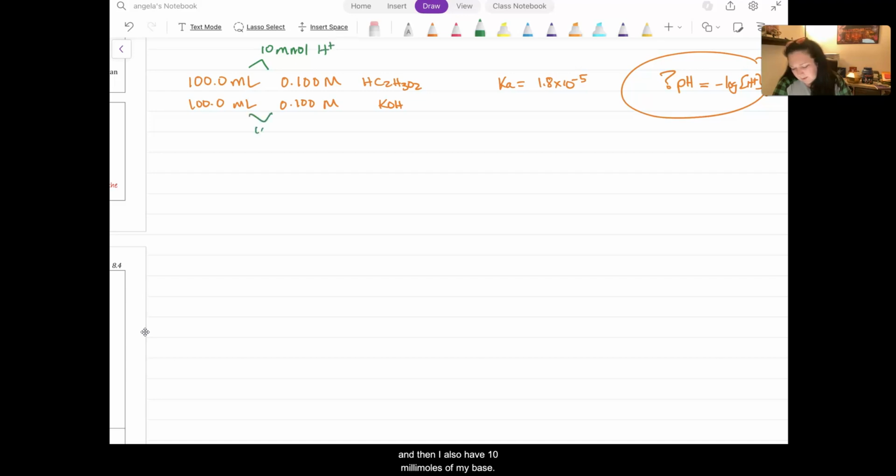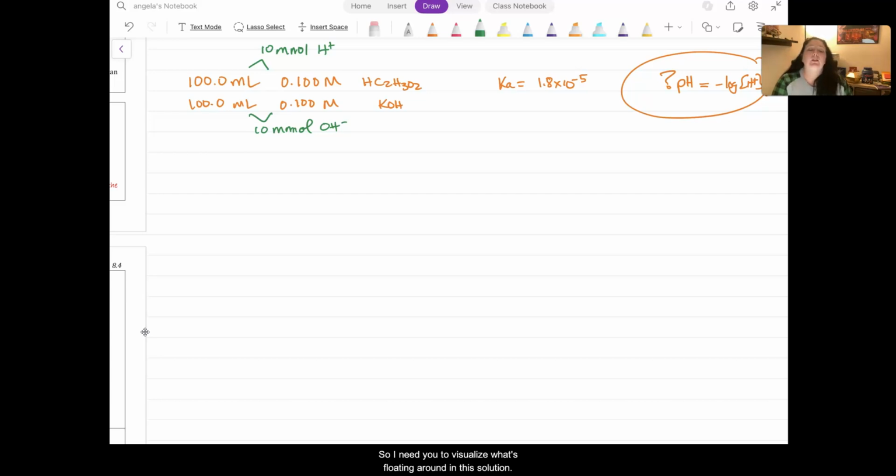And then I also have 10 millimoles of my base. So when I subtract them, neither one of them is in excess, right? So between the H plus and the OH minus, they went off to make water, and there are no H pluses or OH minuses left.